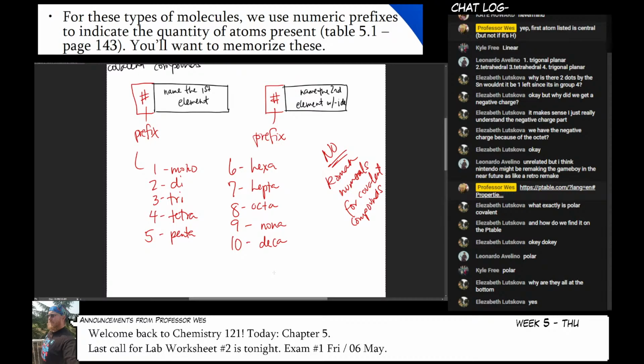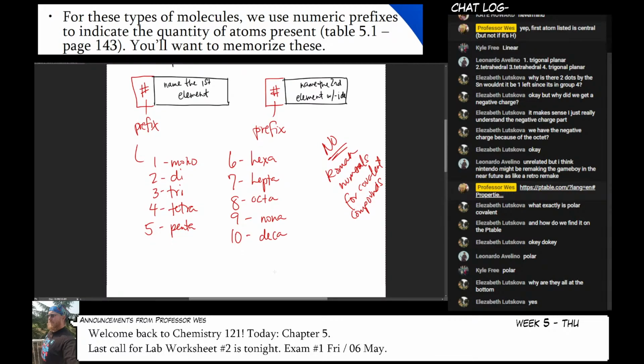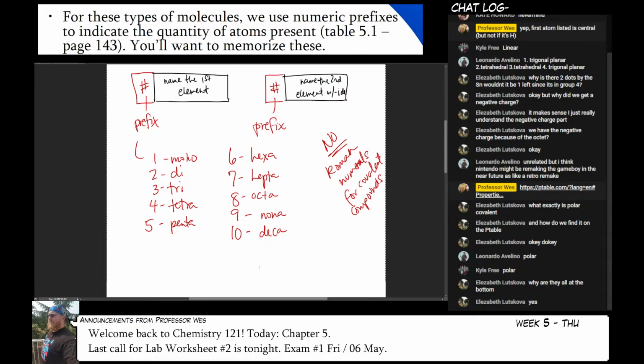Now, we're going to have some little exceptions that crop up here and there when we are dealing with these names. For example, mono is only on the second name, but all the other prefixes apply to whichever one that we have.